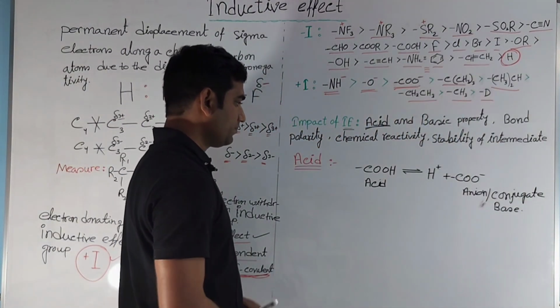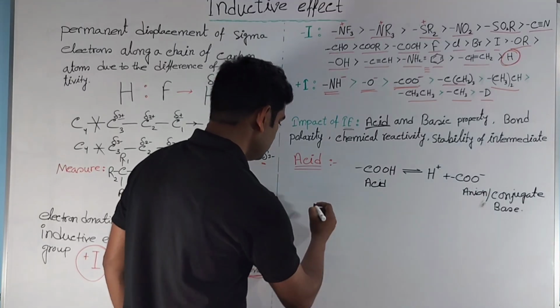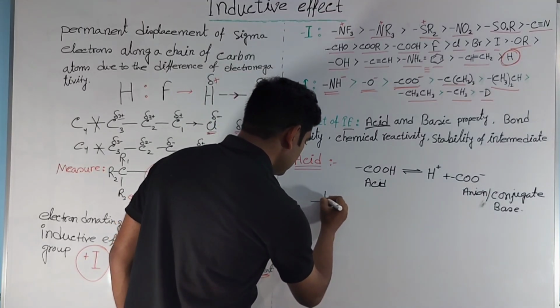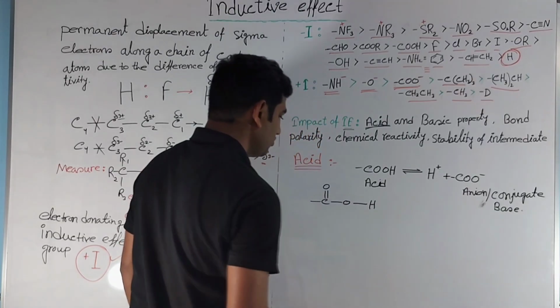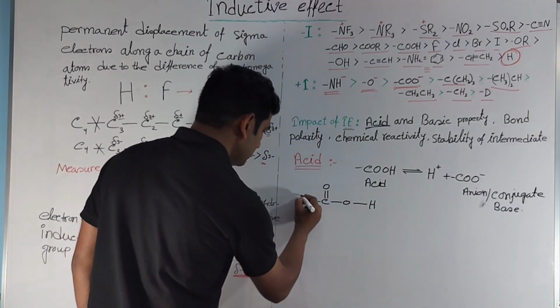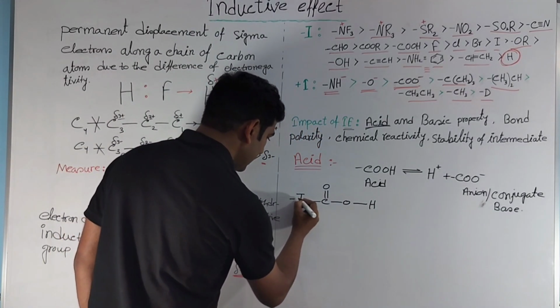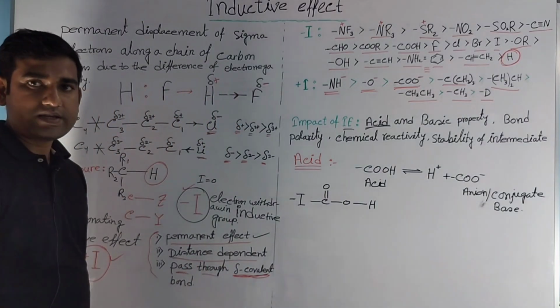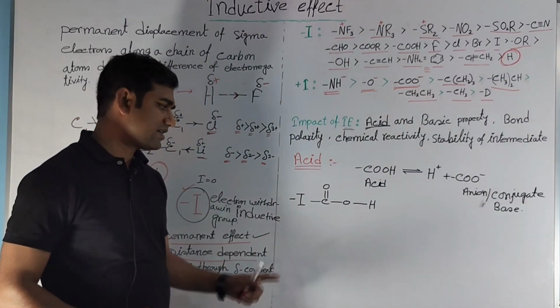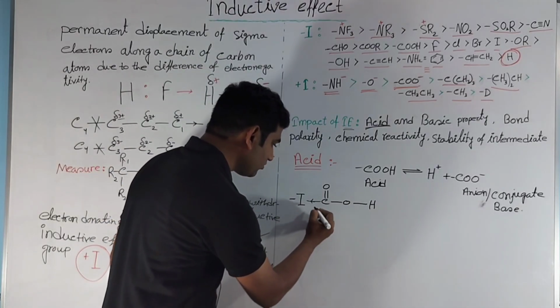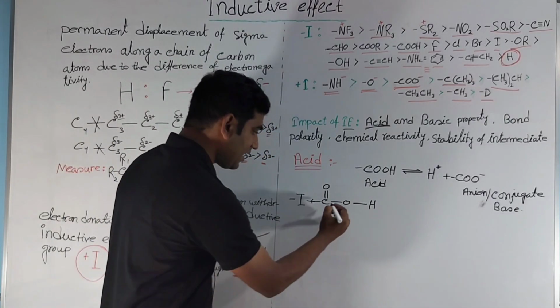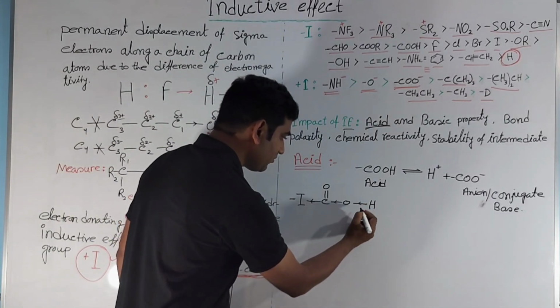So suppose any acid group, OH, any carboxylic acid group, is attached with a minus I group. It pulls the electron towards itself, and it passes through up to 3 sigma bonds.